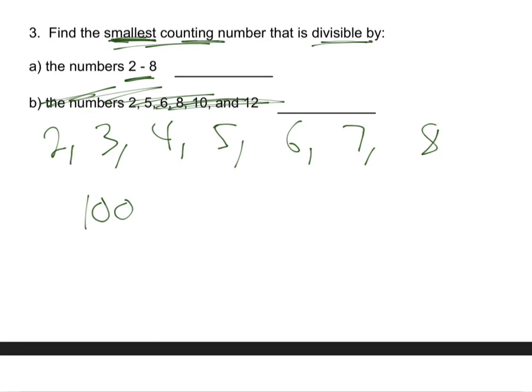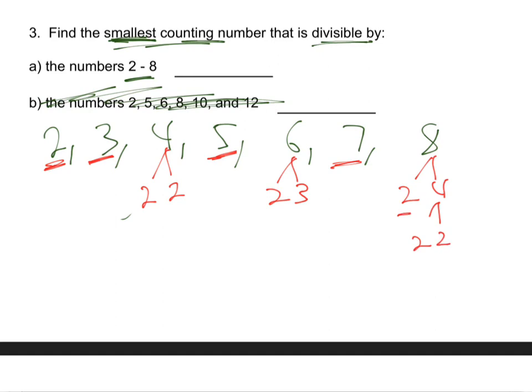How are we going to do that? The answer to all these difficult questions is always primes, isn't it? Because those are the building blocks. Those are what make all the numbers. So if we think about primes, 2 already is prime, 3 already is prime, but 4, he's made out of 2 2s. 5 already is prime. 6 is made out of 2 times 3. 7 already is prime. 8 is made out of 3 2s, isn't he?